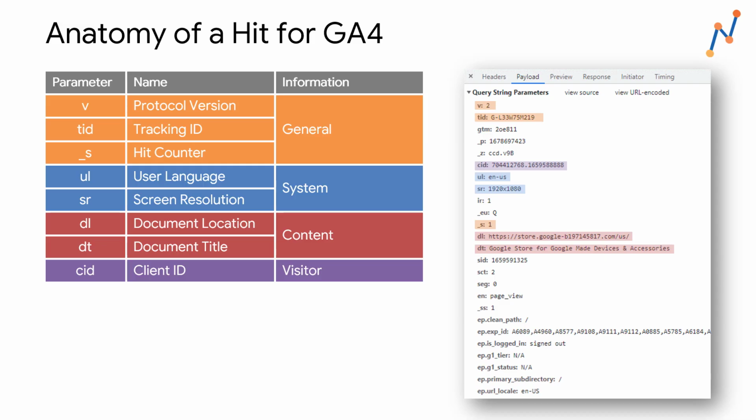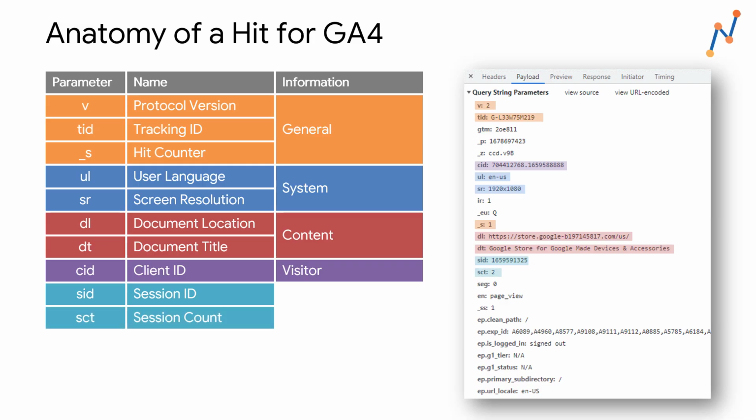First of all, there's the session ID represented by the parameter SID and comes from the GA4 cookie. Next is the parameter SCT, which specifies the session count, and therefore the number of sessions recorded in GA4 for this particular user. The value will be incremented by 1 each time a new session is started.